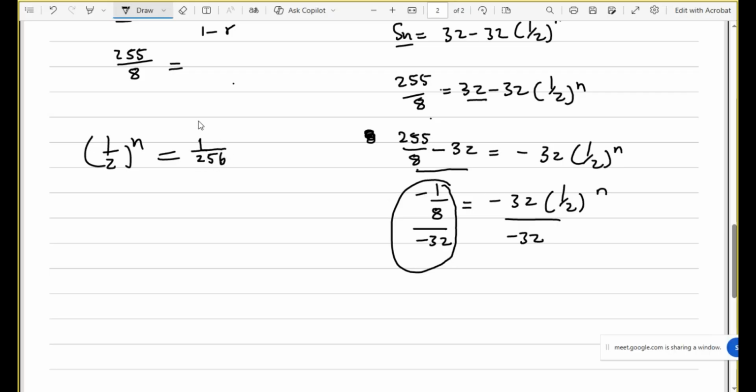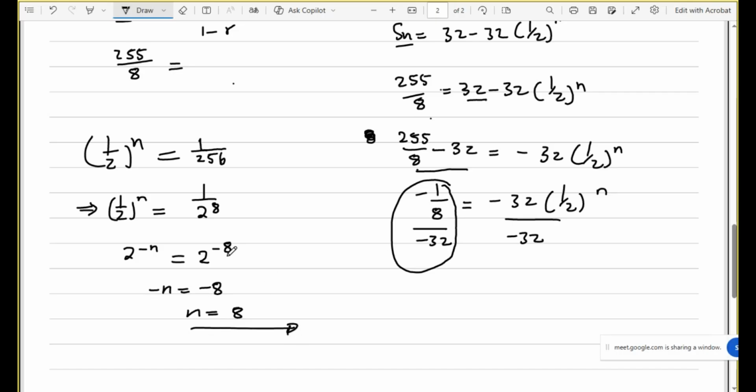And then 1 over 256, what is that to base 2? 1 over 2 exponent 8. Okay, then this will be 2 to the power minus n is equal to 2 to the power minus 8, then minus n is equal to minus 8. And guys, tell me, what was the issue on this one?